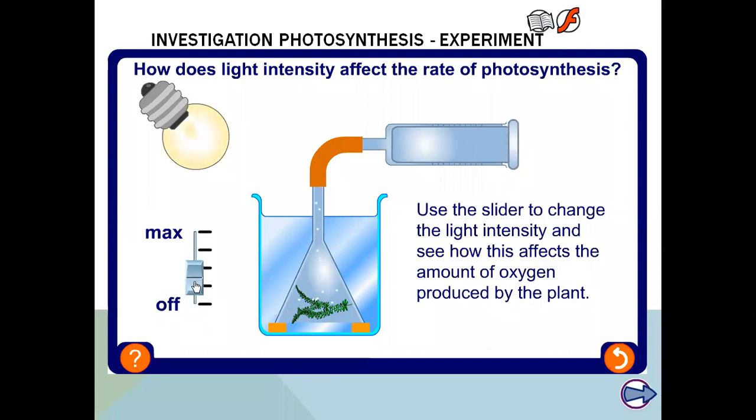As the light intensity increases, the piston of the syringe moves out, you see the space is being created here. Why? Because of the gas production. At high light intensity, the rate of photosynthesis is high and the piston is going back. So we can use the gas syringe here to measure how much oxygen we collected.